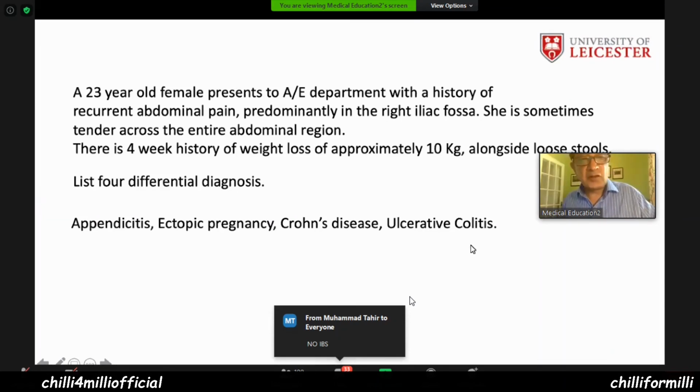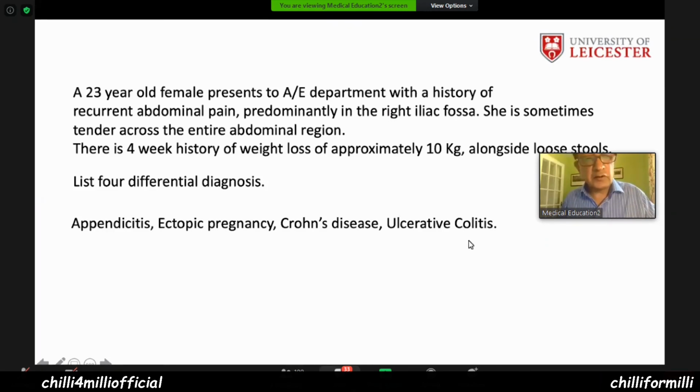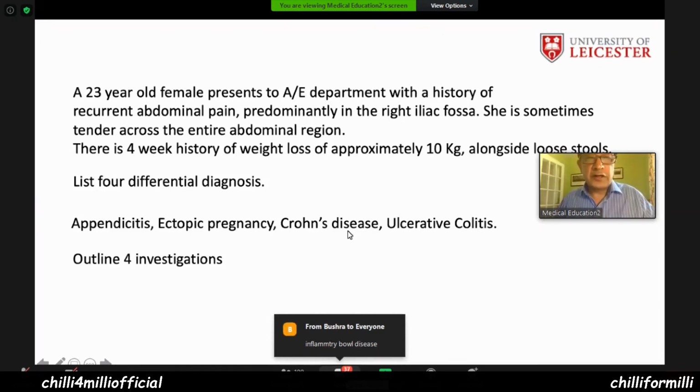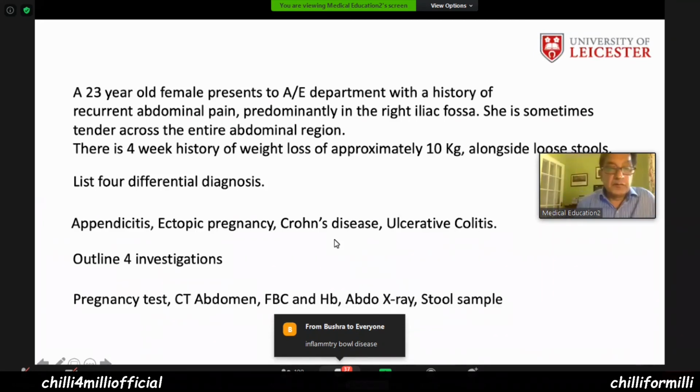Appendicitis, ectopic pregnancy. Well, that's very unlikely. I should have not written that. Crohn's disease, yes. Ulcerative colitis on top. Appendicitis, I don't agree with that either. Diagnosis is actually immediately obvious here. Outline 4 investigations. You will do pregnancy test, which you will do anyway.